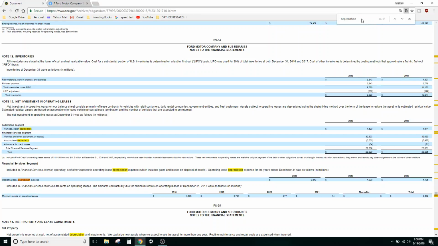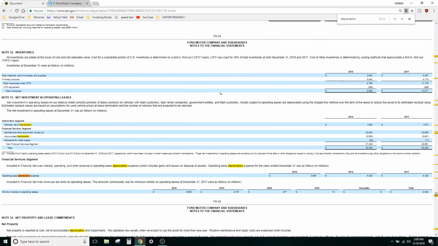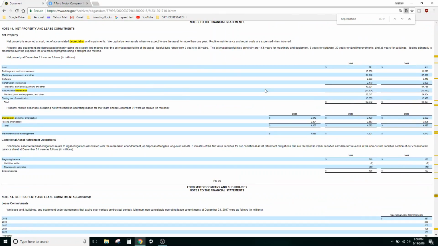So for example, inventory is an asset. Hope that's obvious. Because when you sell inventory, you can make profits. The cars depreciate, and so that's taken onto there. If inventory is just sitting on the lot, it's losing value, right?